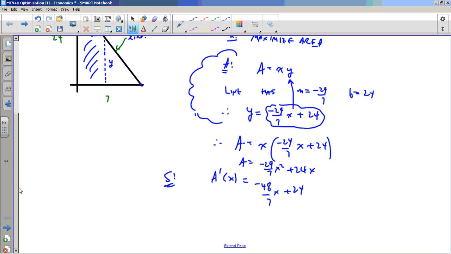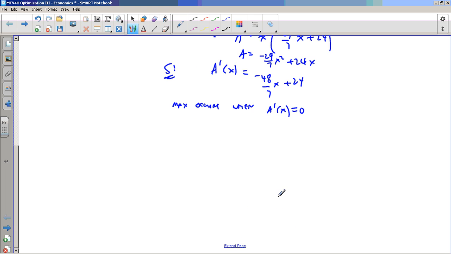The maximum, or minimum, I suppose, but maximum occurs when the derivative is 0. So therefore, I've got 0 equals negative 48 over 7 x plus 24. Move the 24 over, a little bit of grade 9 equation solving here.